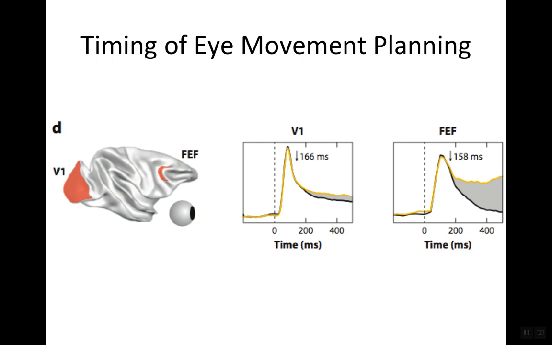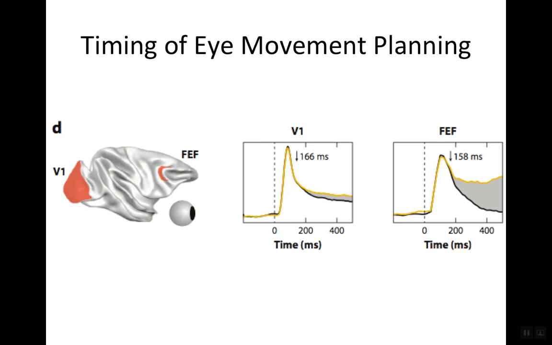So here we see that both the frontal eye fields and the area V1 are being activated at around about the same time, around about 100 milliseconds. And we also see that the distinction between target and distractor in terms of activation occurs at roughly the same time of 160 milliseconds.